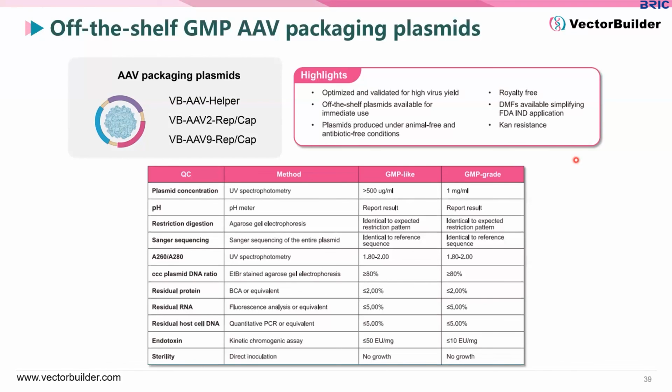This was launched this year: we provide GMP-like and GMP-grade AAV packaging plasmid along with our lentivirus packaging plasmid, so that they are available immediately. They are off the shelf. They are kanamycin resistant, so no worry about regulatory concerns of ampicillin. They are also royalty-free, and we are also preparing a DMF that will ultimately simplify, for example, the FDA IND application.